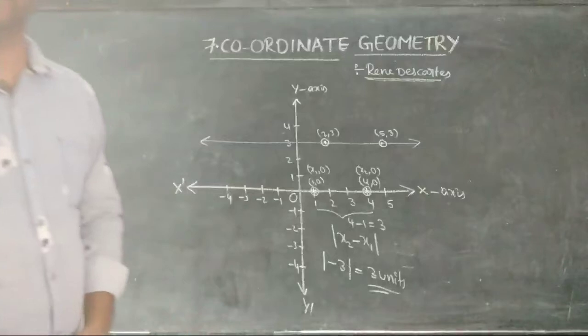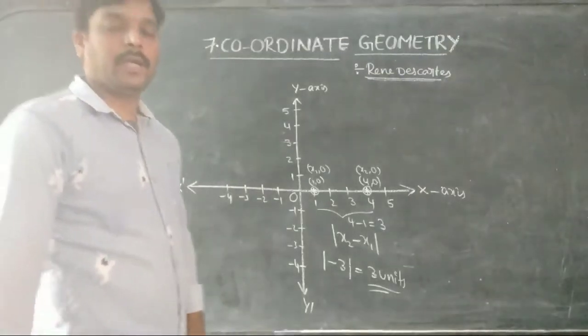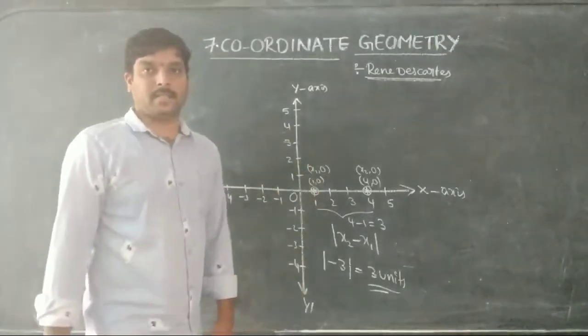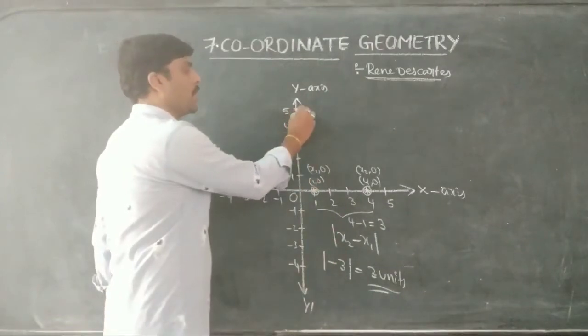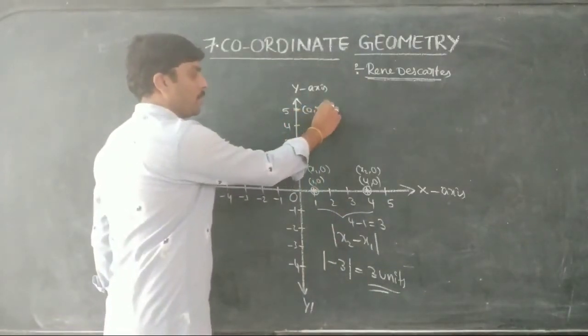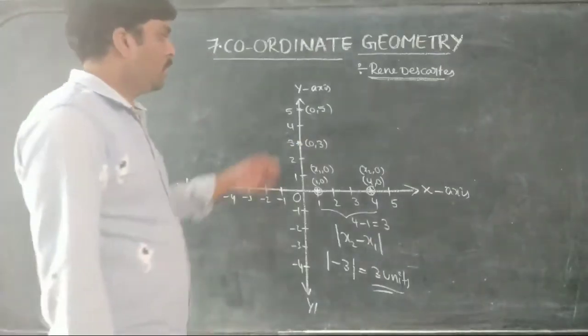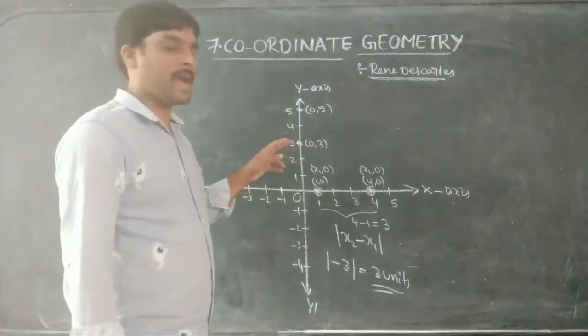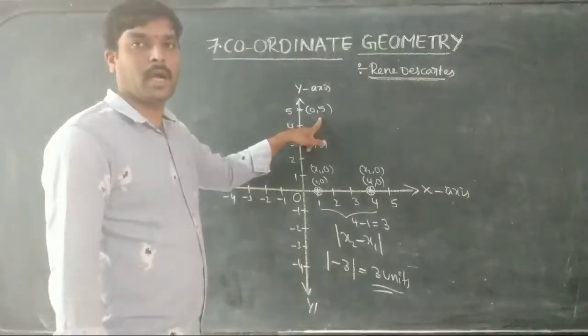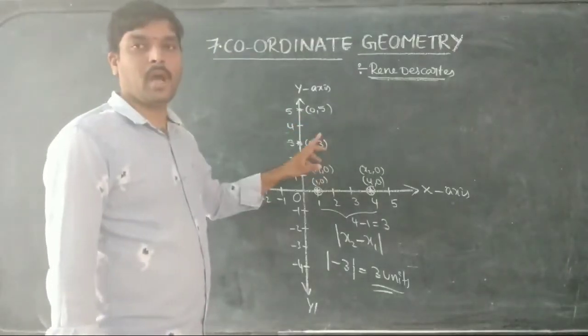Now take the points on the y-axis. This is the point 0 comma 5 on the y-axis, and 0 comma 3 on the y-axis.